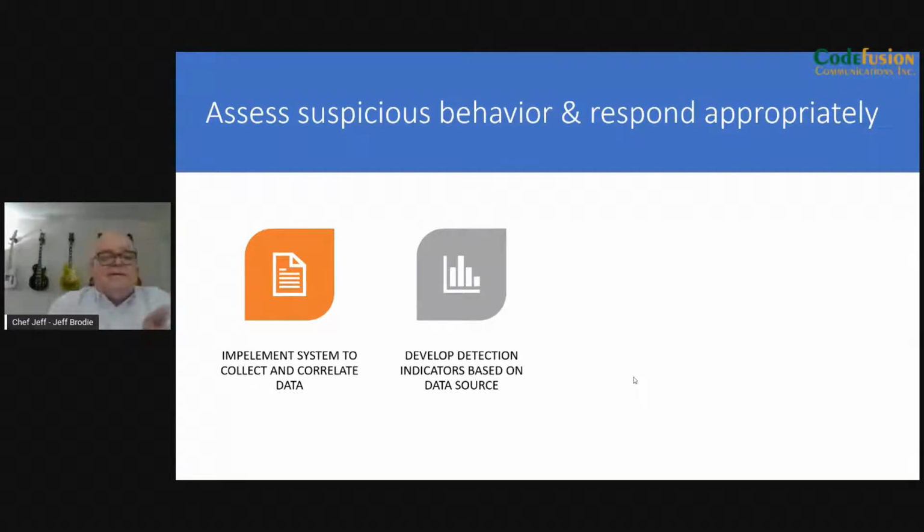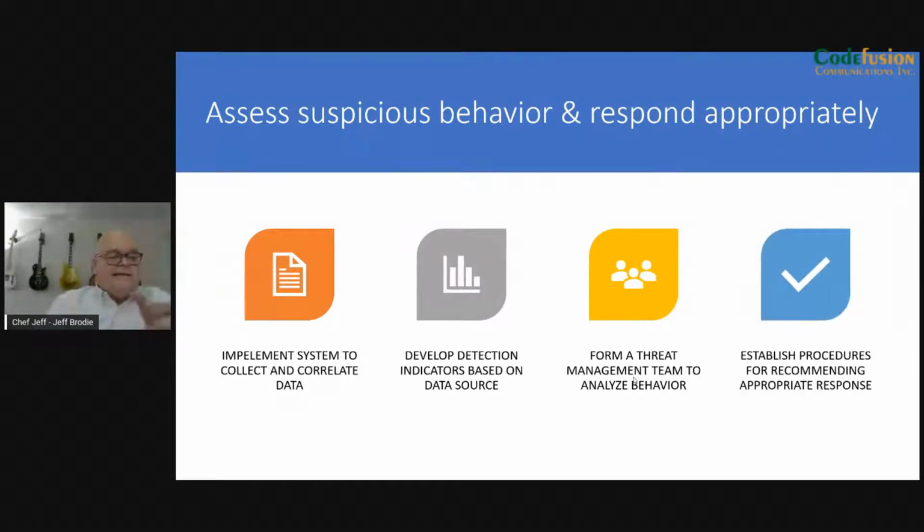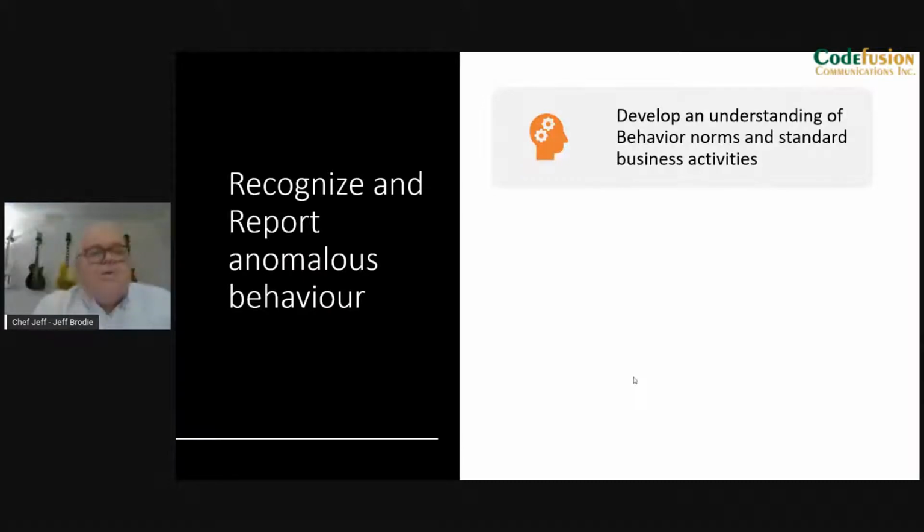Then there's developing detection and indicators based on this information, and then form a threat management team to analyze the behavior and establish procedures and recommendations for the appropriate response. Now, recognize and report anomalous behavior. So this means that you should have your insider threat office set up so that your employees can go in and say, hey, we see something that's not right.